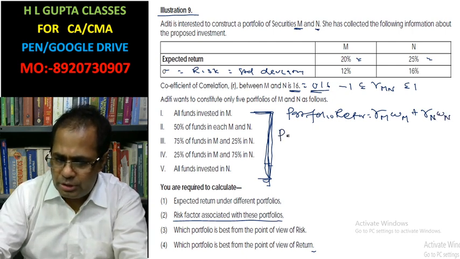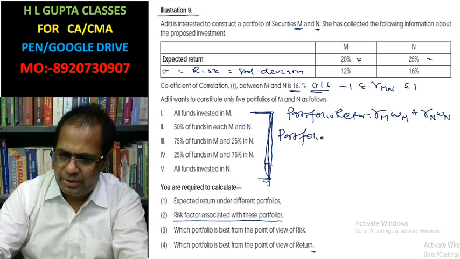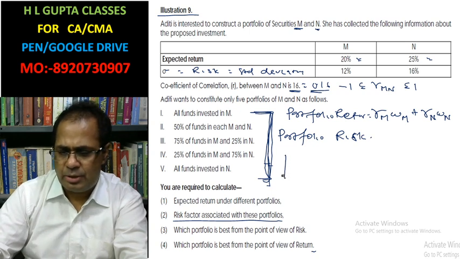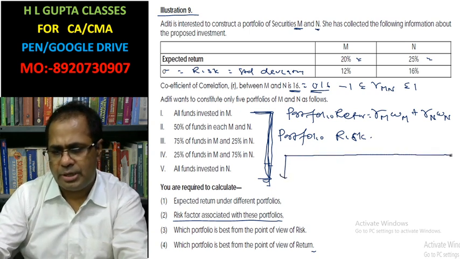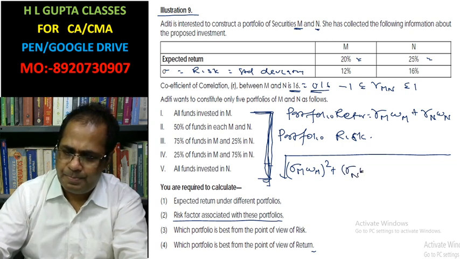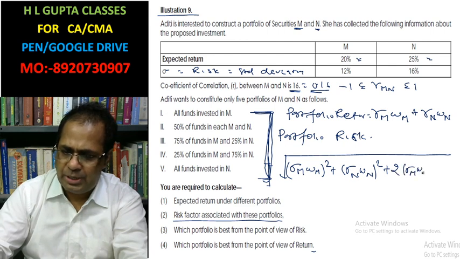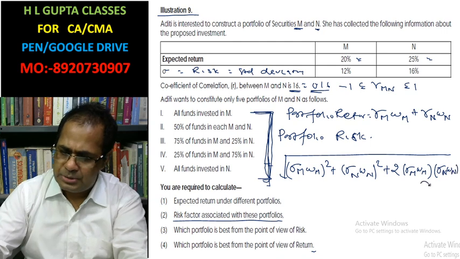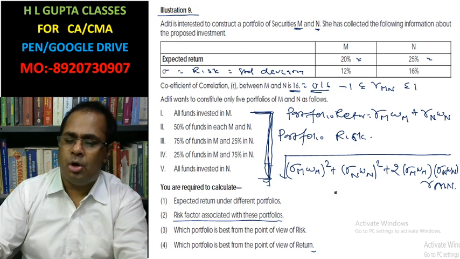Now the portfolio risk formula is the standard deviation: square root of standard deviation M times weight M whole square, plus standard deviation N times weight N whole square, plus 2 times standard deviation M weight M, standard deviation N weight N, coefficient of correlation MN.